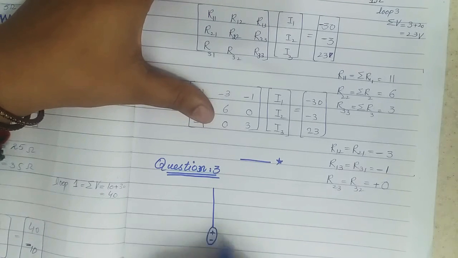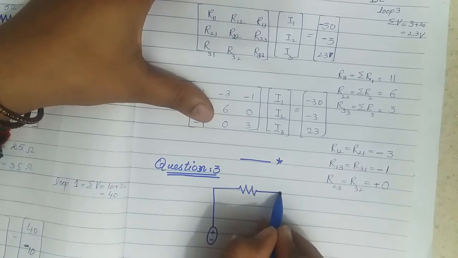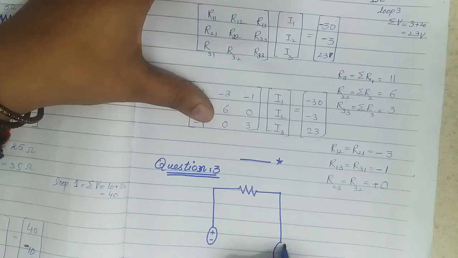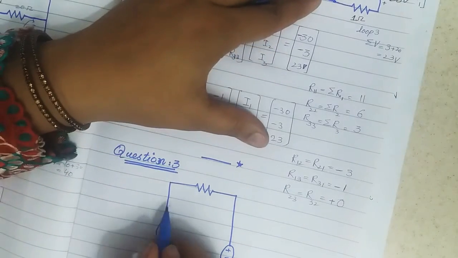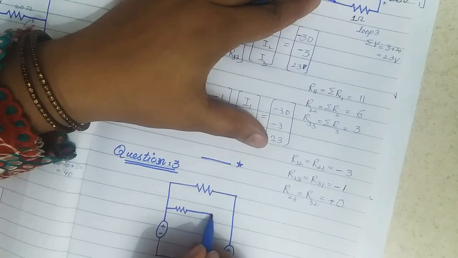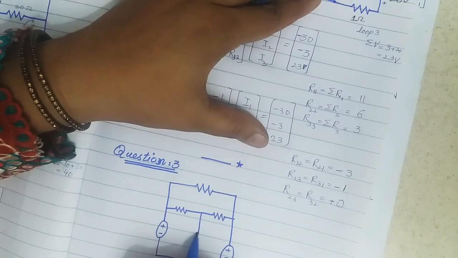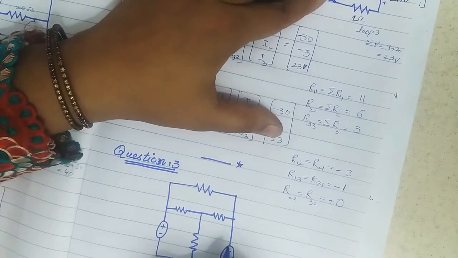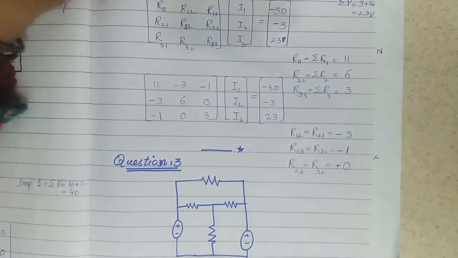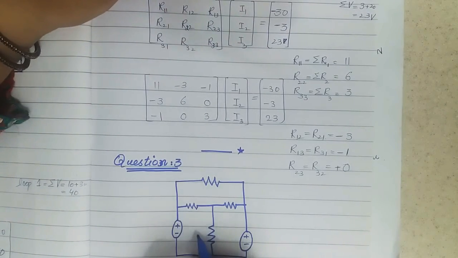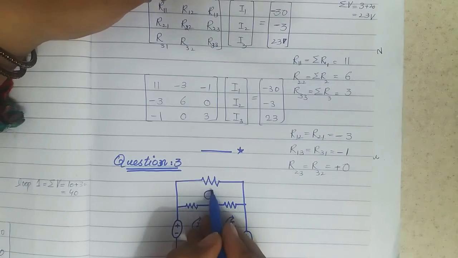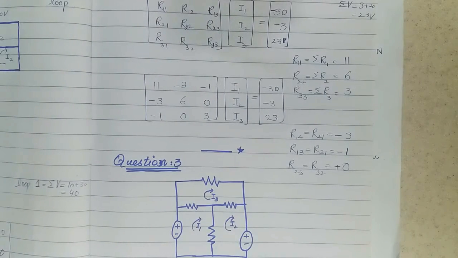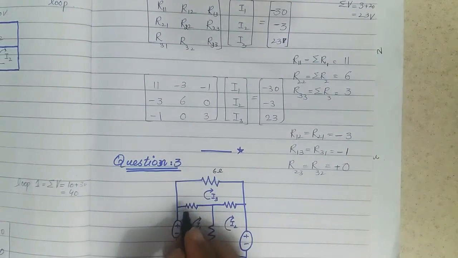there are batteries attached, there is one resistance, and here are the 3 loops, and we have to find I1, I2 and I3 in clockwise direction, where the values of different resistors are given.